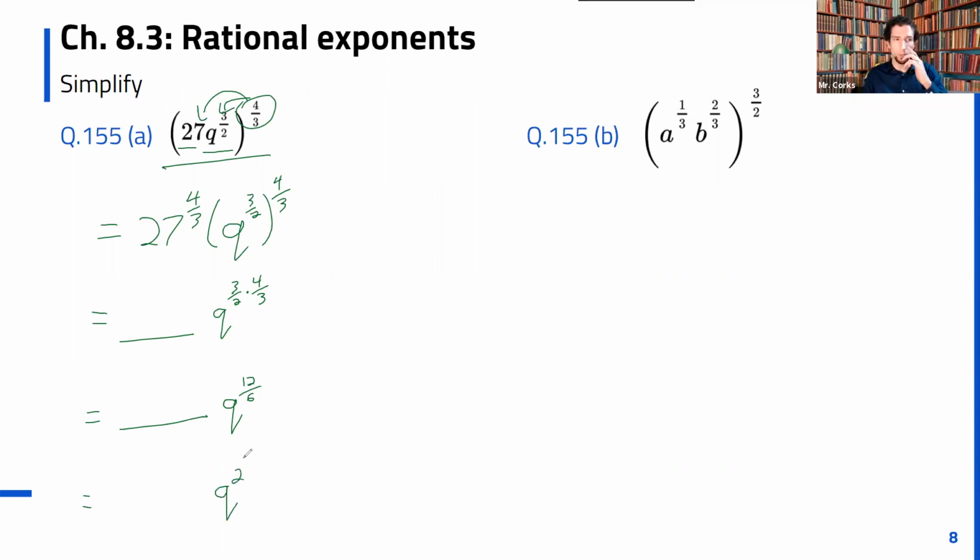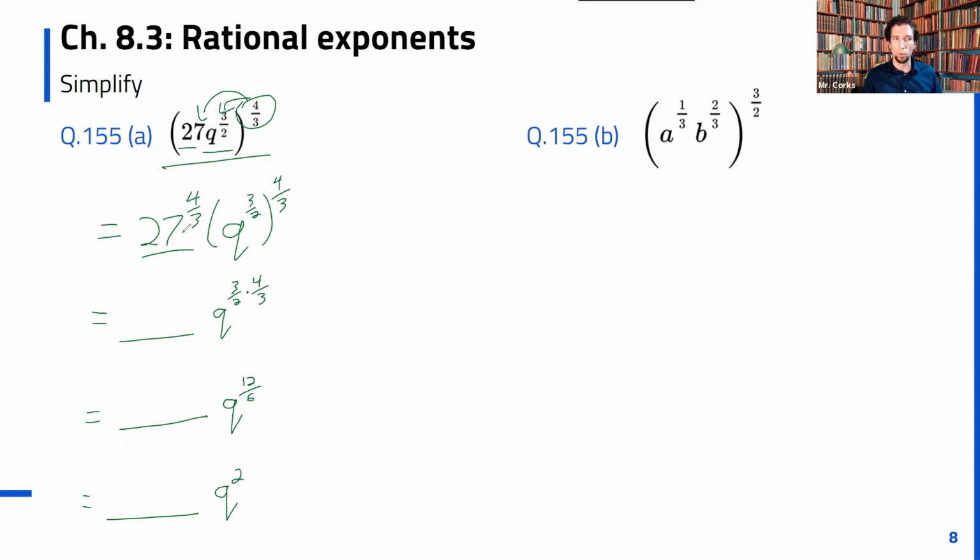Okay, let's do the 27 part of this. What can we notice about this? 27 to the exponent 4/3. What's the first thing we can notice? Just cube root 27 first, and then the result to the exponent of 4.